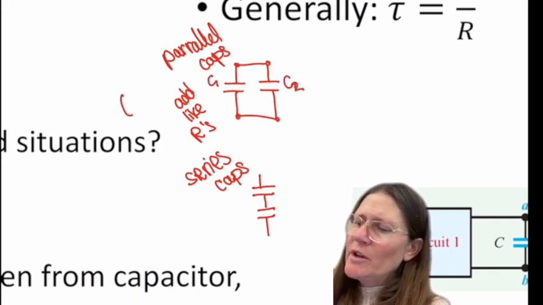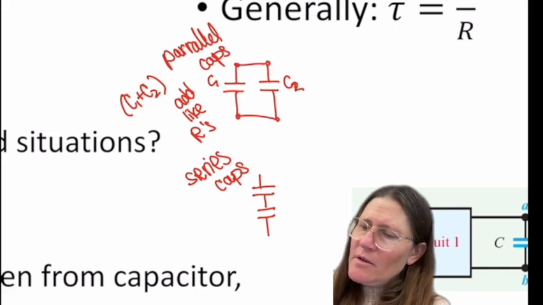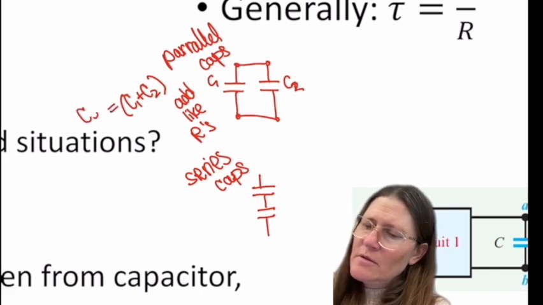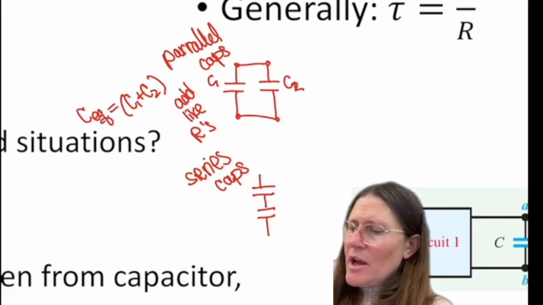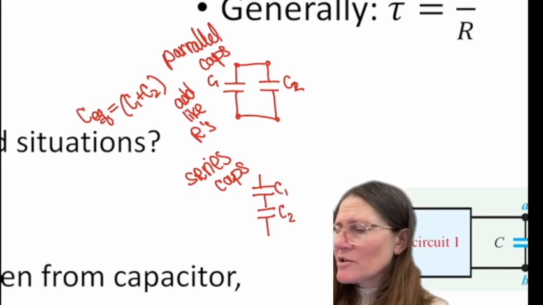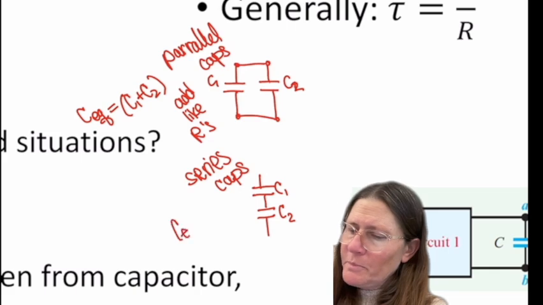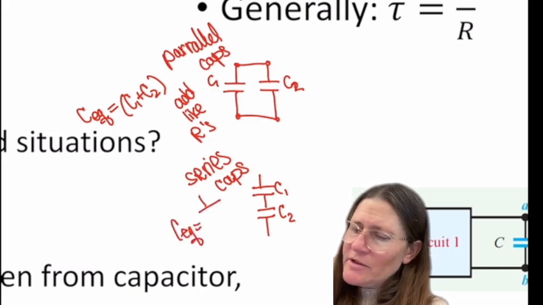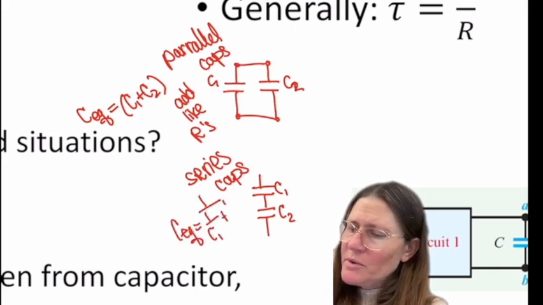So this equivalent is going to be C1 plus C2. And for series capacitors, they actually look like a parallel form. So this is going to be 1 over C1 plus 1 over C2.